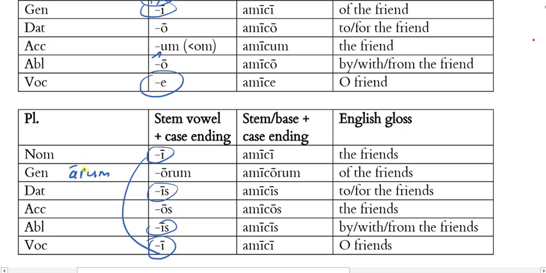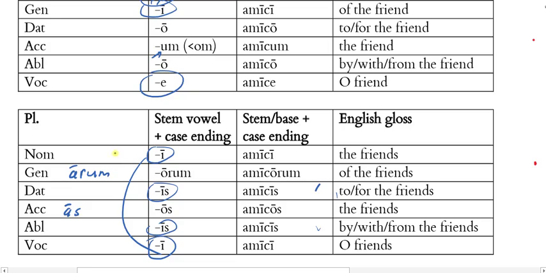And the difference between arum and orum is the fact that there are different stem vowels in these nouns. First declension has A stem vowels, and second declension has O. The same thing with the accusative plural. We had as, recall, versus os here for second declension.